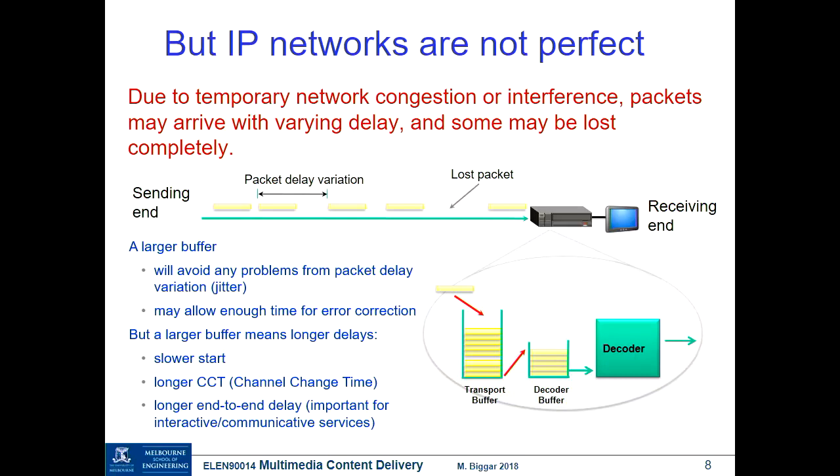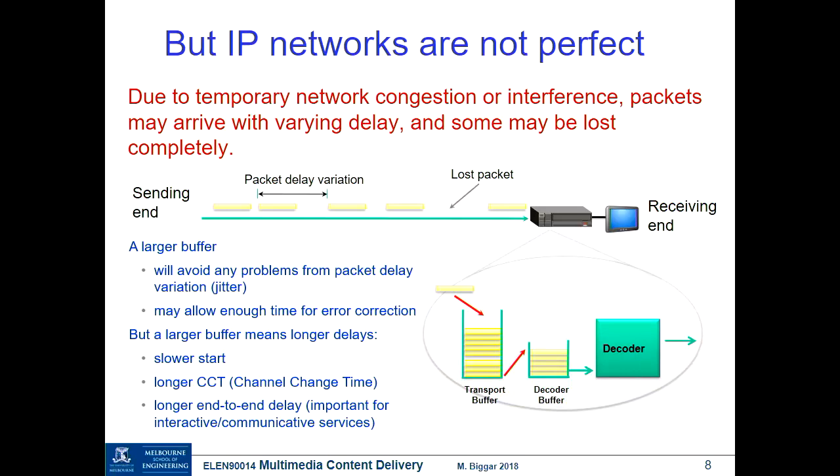So we have to put a larger buffer in. A larger buffer will avoid these problems of jitter. It may allow enough time for error correction, but that has some obvious consequences, right? The large buffer means long delays, means a slow start. We need to preload this buffer just the same as we have to preload the other buffers before we can start using it.